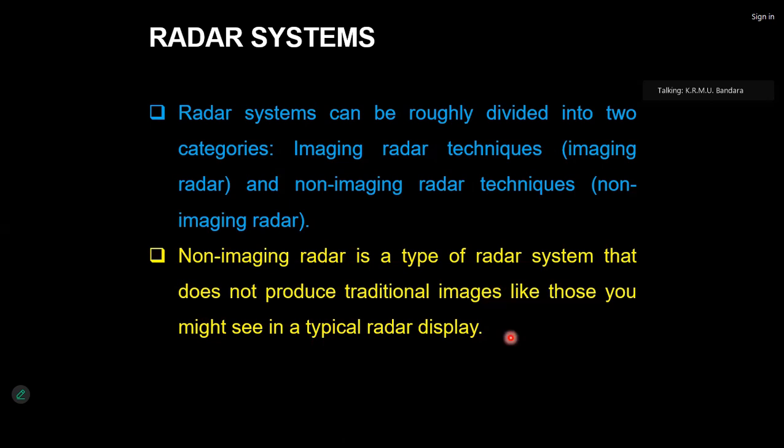Normal radar display, you can see the image, but they are not producing this kind of image. But display is okay because of the radar is seeing, antenna is seeing the area, you can display, but images are not producing.